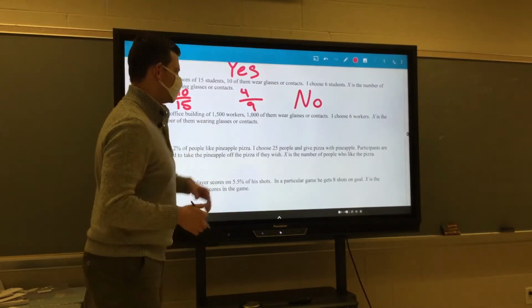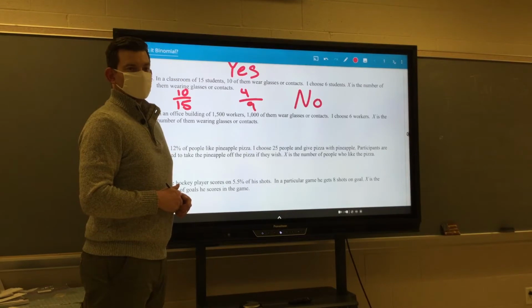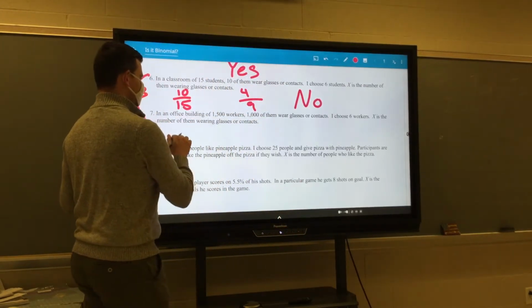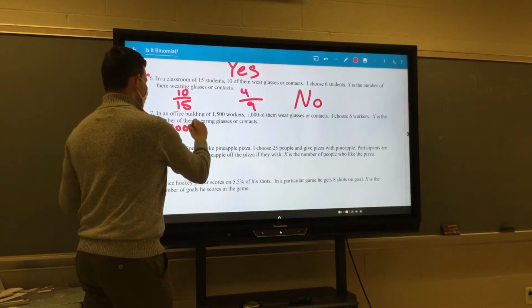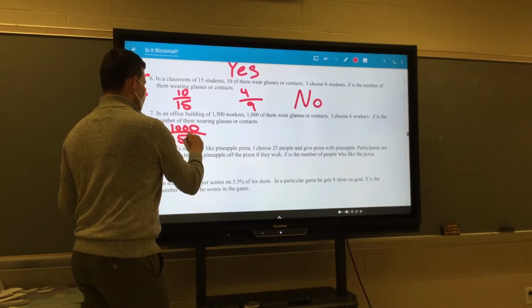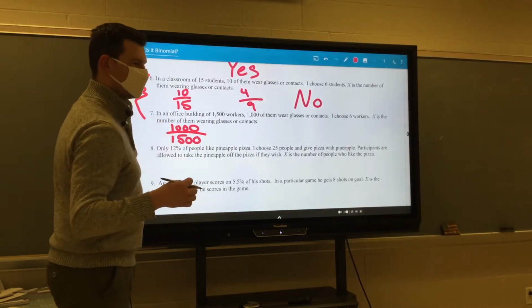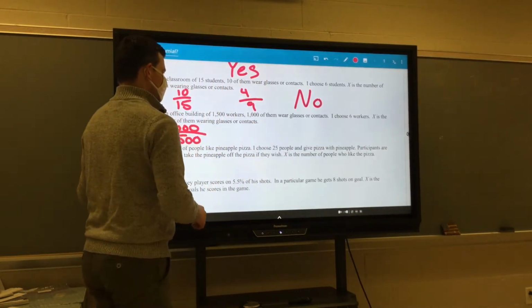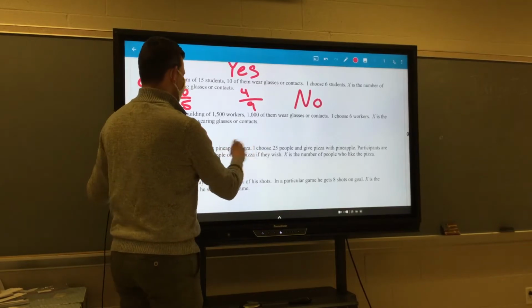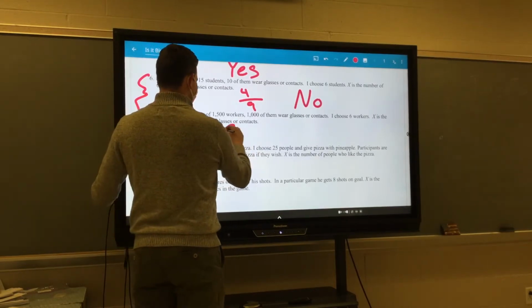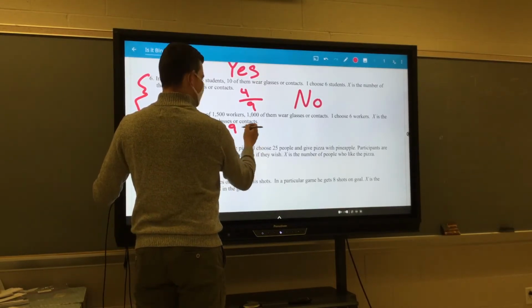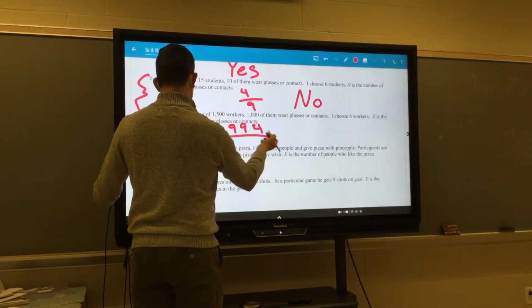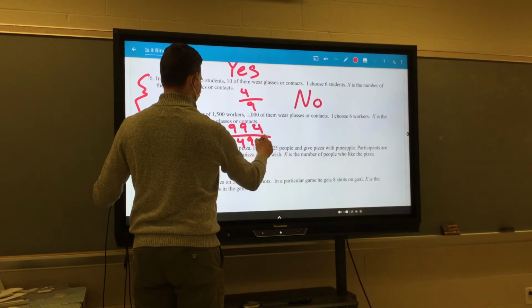But number 7, okay, nothing's changed except for the sample size. 1,000 out of 1,500, still 2/3, but now by the end of our 6 selections, this hasn't really changed that much. Again, this could be down to, what do we take, 994 out of 1,494.